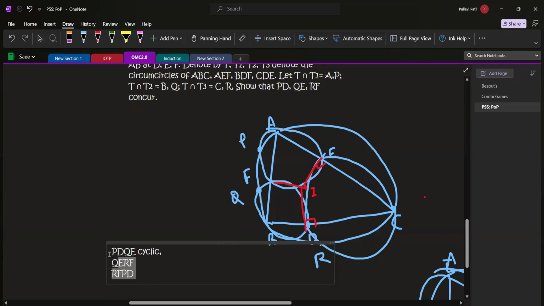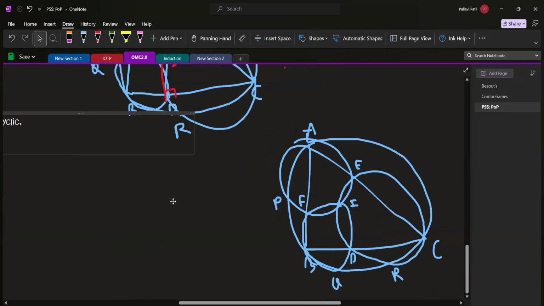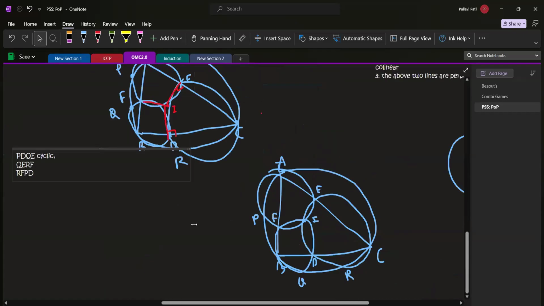So if we can show that these three are cyclic, then we'll be done, right? Yeah.